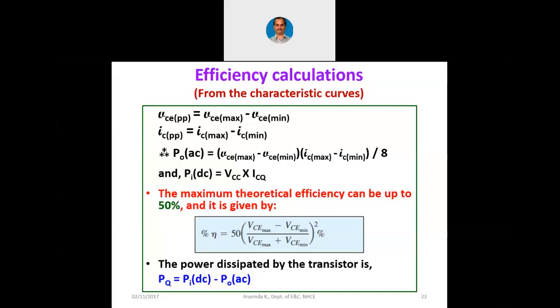Transformer is going to work only with AC because it is a mutual inductive principle. As DC is not at all available at the output, in the exercise maximum VCE will be provided, minimum VCE will be provided. All these values will be provided. Based on that, you will have to find out the efficiency. And the power dissipated by the transistor, the quiescent power, is equal to PI DC minus PO AC.